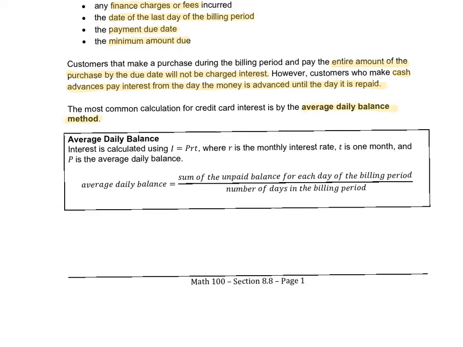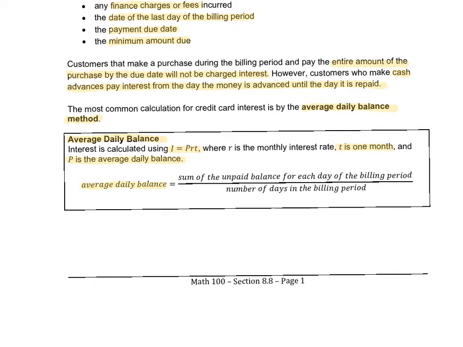The most common calculation for credit card interest is by what we call the average daily balance method. The formula is given below in this box. And again, remember we're using interest is I equal to PRT, R is monthly interest rate, T is considered 1 month. So P is what we call the average daily balance. To figure out the average daily balance, and since it is an average, in mathematics, when we figure out an average, we always take some total and we divide it by how many we have.